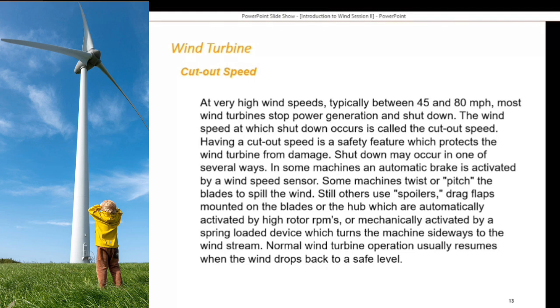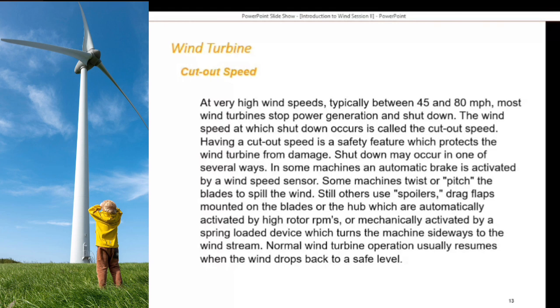Having a cut-out speed is a safety feature which protects the wind turbine from damage. Shutdown may occur in one of several ways. In some machines, an automatic brake is activated by a wind speed sensor. That is what we discussed last time. Currently, they are using sensors because there is already a way to measure the incoming wind.